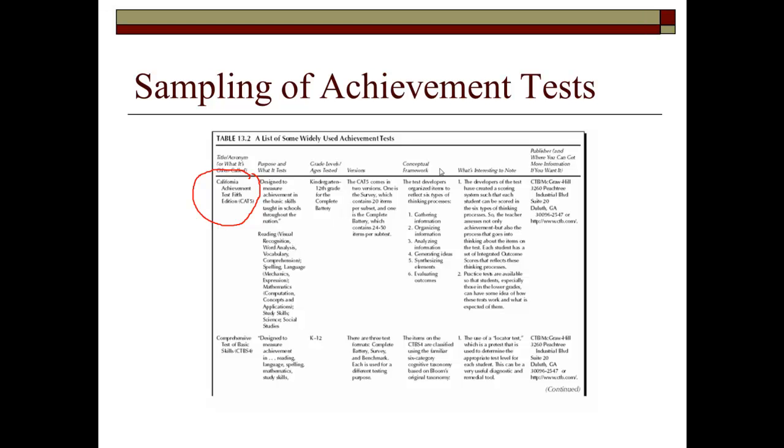You know, here's a description of what it covers. It's used from kindergarten to 12th grade. You can use what sections you wish of it, but yet it is widely used from K-12.